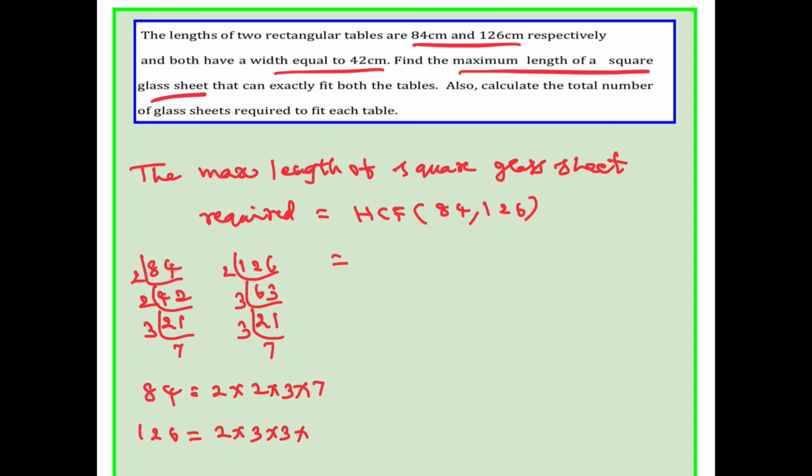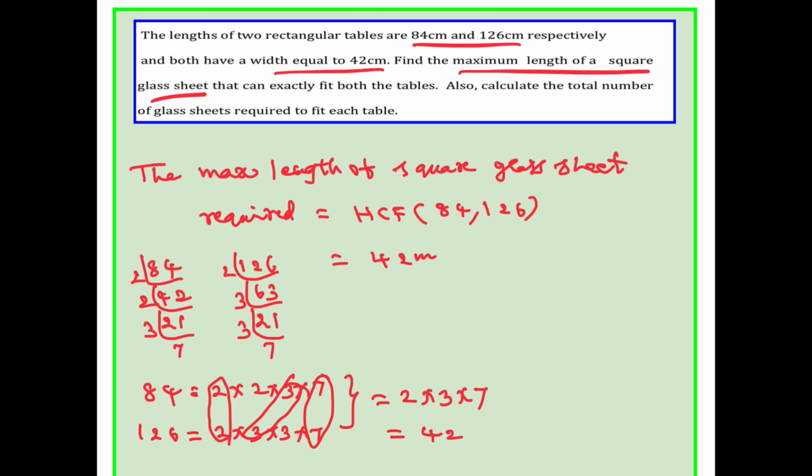In that, what is common: one 2, one 3 and one 7. 2 into 3 into 7: 2 threes are 6, 6 sevens are 42. Therefore, the maximum length of square glass sheet required equals 42 cm.